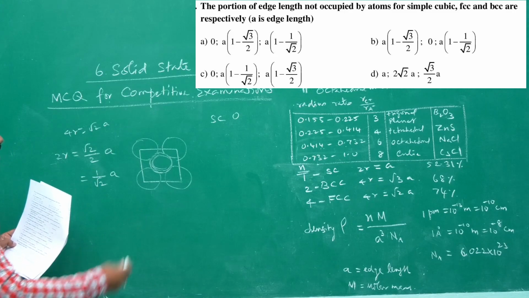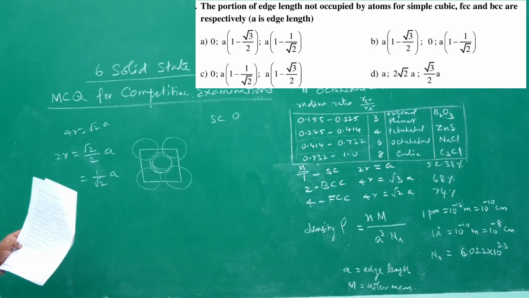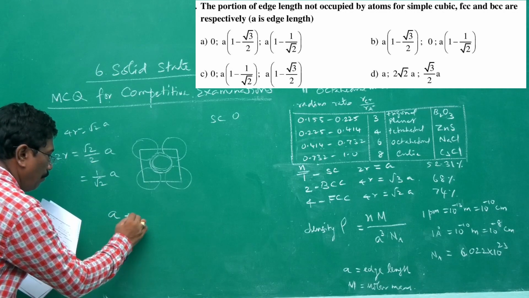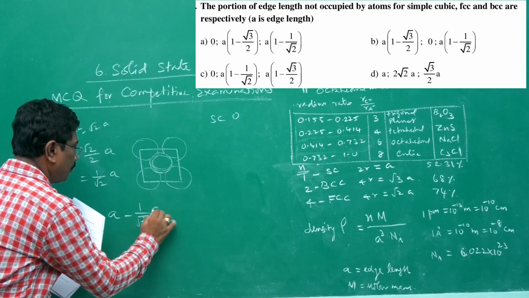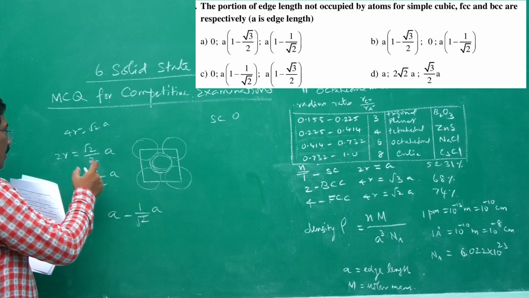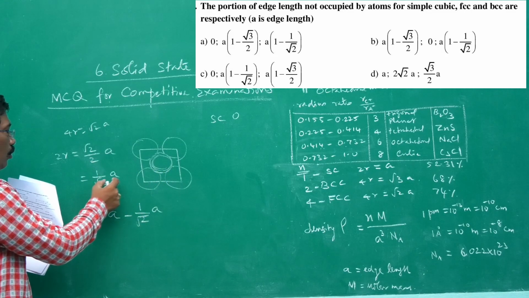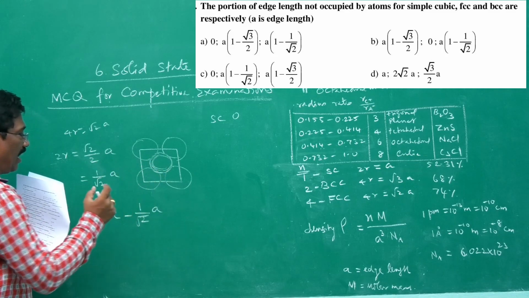So, what will be the difference between the portion of edge length not occupied? A minus 1 by root 2a. So, the edge length 2r is 1 by root 2a, but on the whole the edge length is a.